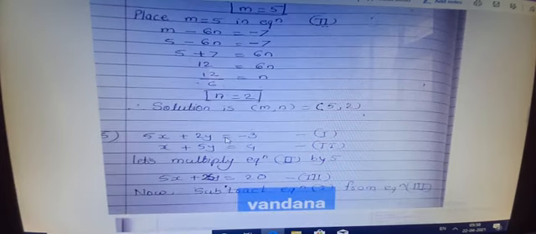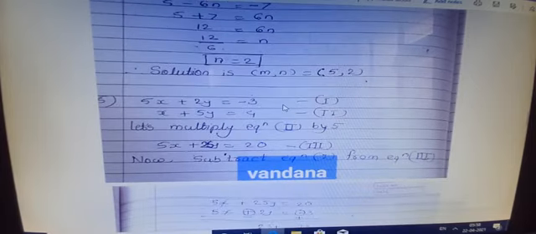Now 5 plus 7 becomes 12, and is equal to 6n. 6 is in multiplication, so it goes to division. 12 divided by 6, we get the answer 2. Now the solution of this fourth equation is (m, n) is equal to (5, 2). We have to write it in this way compulsorily, otherwise marks will be cut in the exam.